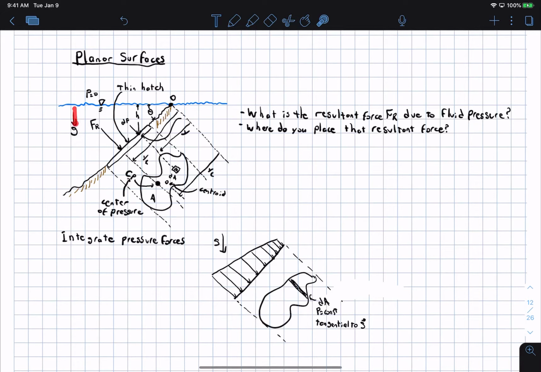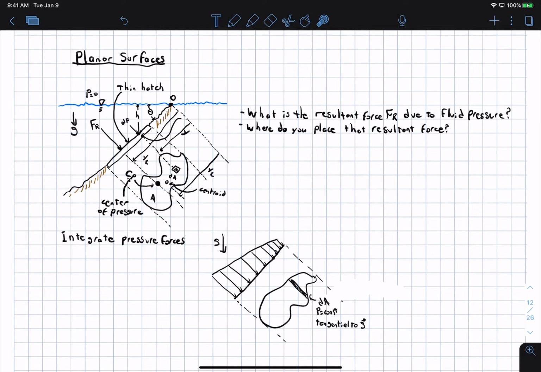So again, we have g going straight down, and this is the surface here. And so we want to integrate the pressure acting on this. And so the distribution of the pressure forces will be like this. And this is nothing more than a classical distributed load that you would do in statics.